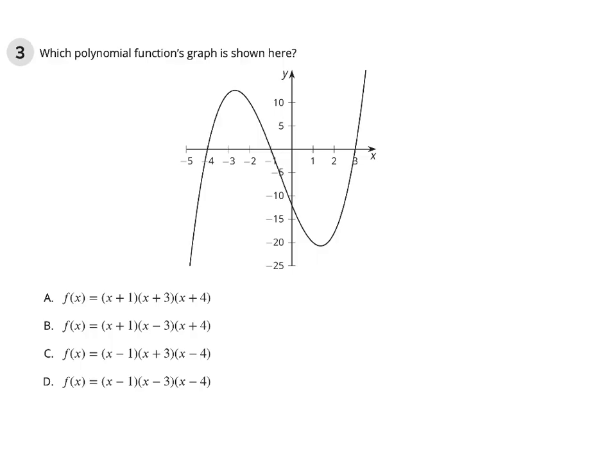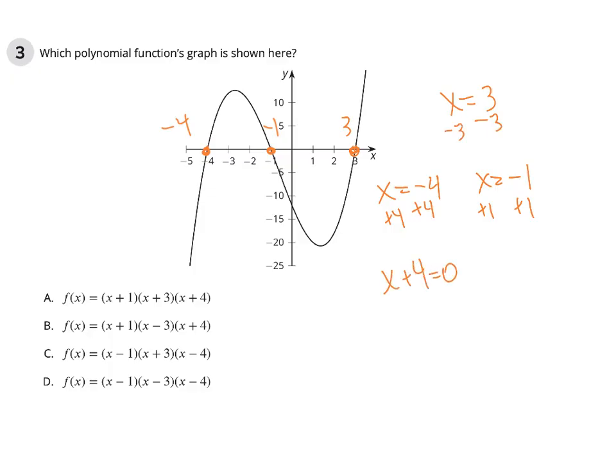Okay, which polynomial function's graph is shown here? So let's look at our intercepts here. We got negative 4, negative 1, and positive 3. So if we just switch the signs, because x equals negative 4, x equals negative 1, and x equals 3, we add 4 to both sides, add 1 to both sides, subtract 3 from both sides, we get x plus 4 equal to 0, x plus 1 equal to 0, and then x minus 3 equal to 0.